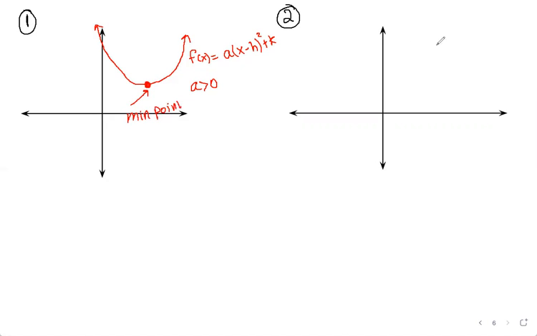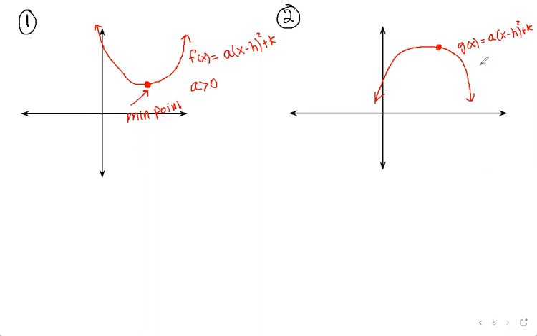For the second one, suppose my graph is this parabola, here g of x is equal to a times x minus h squared plus k.